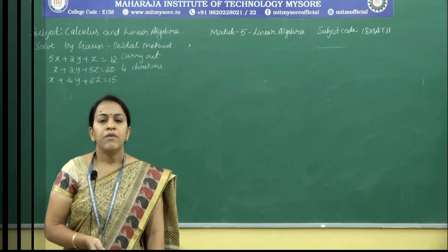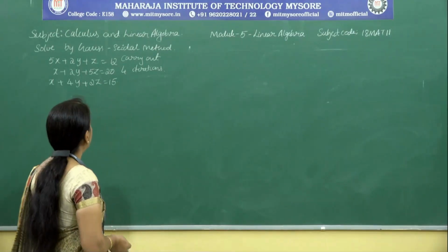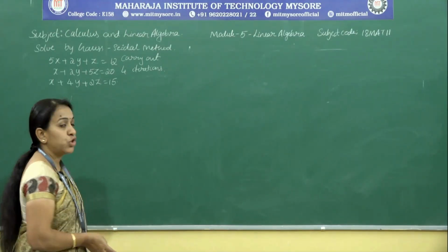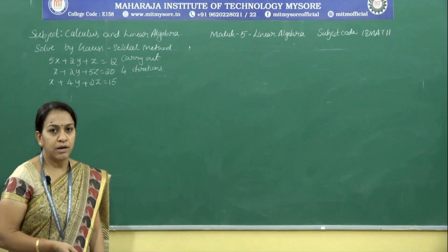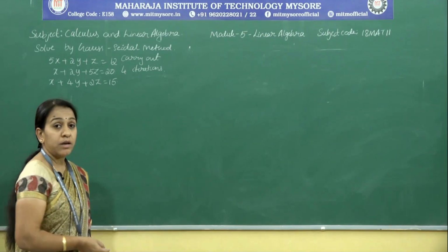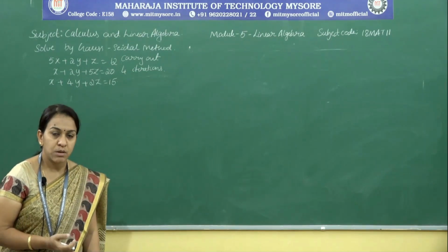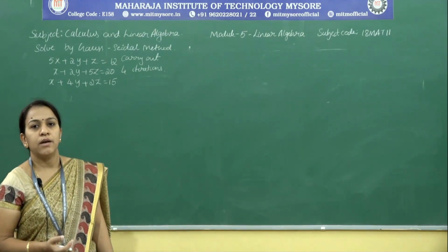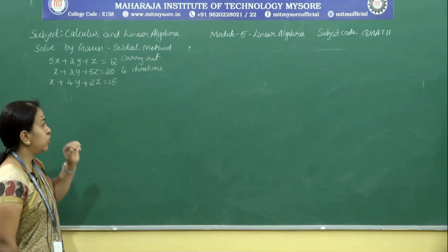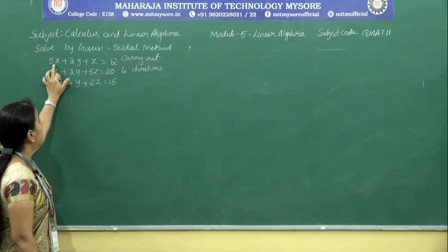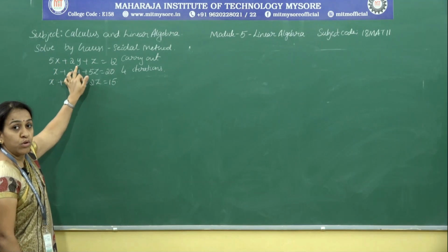Okay. Our next problem is, we are supposed to solve the system of linear equations, again of course by the Gauss-Seidel method, but we have to carry out 4 iterations. Now the first thing is, we should check whether the system of linear equations is diagonally dominant. So in the first equation, the x coefficient should be greater than the other 2 coefficients.